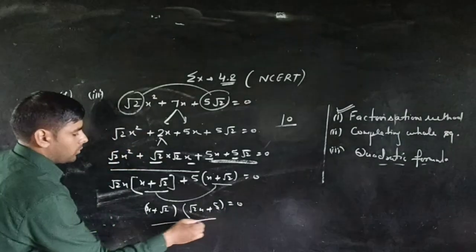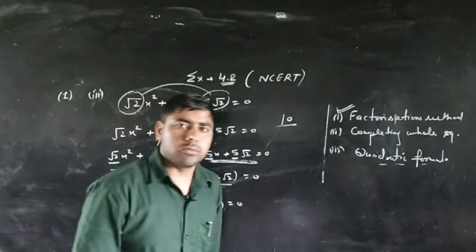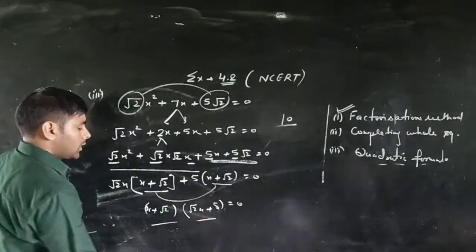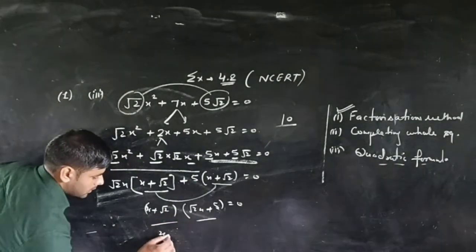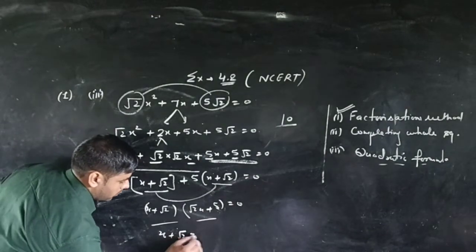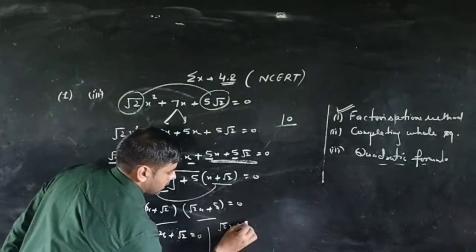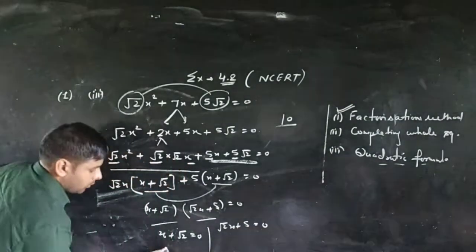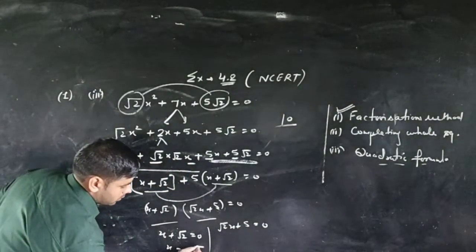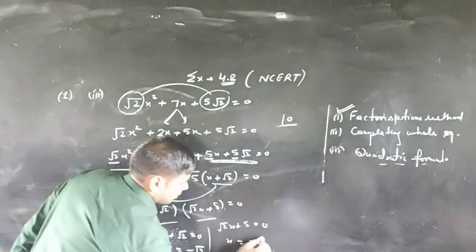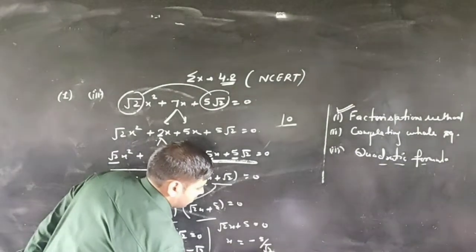The product of two numbers is equal to 0, so either x plus root 2 equal to 0, or root 2x plus 5 is equal to 0. From here x equal to minus root 2, and from here x equal to minus 5 by root 2.